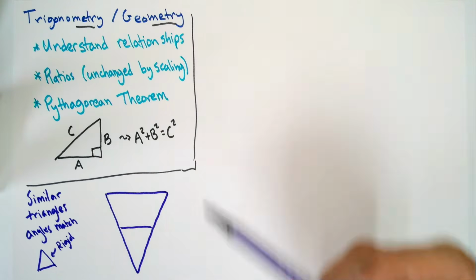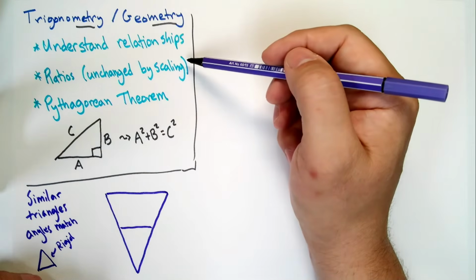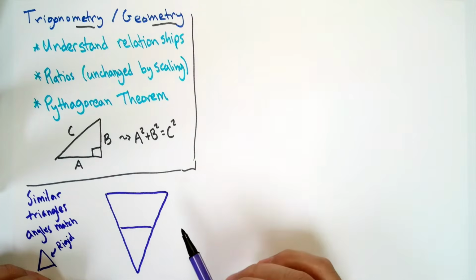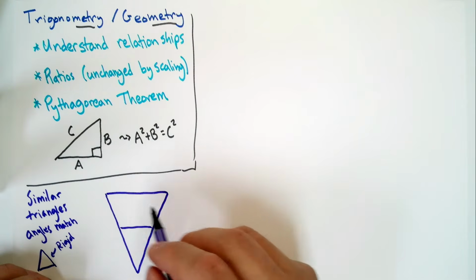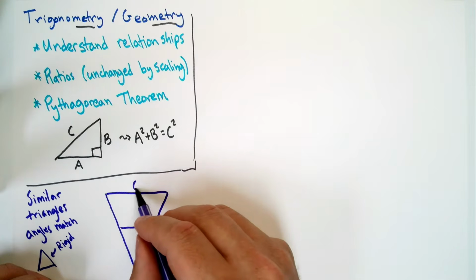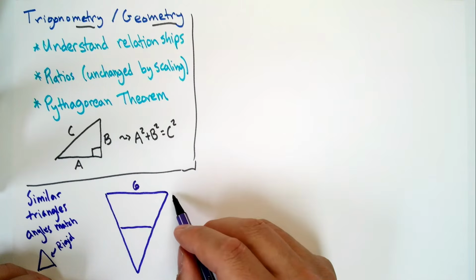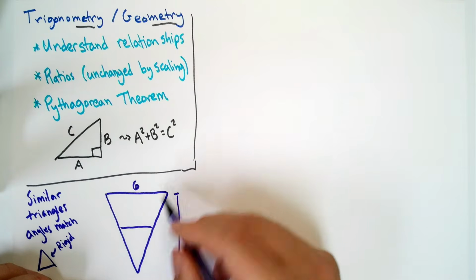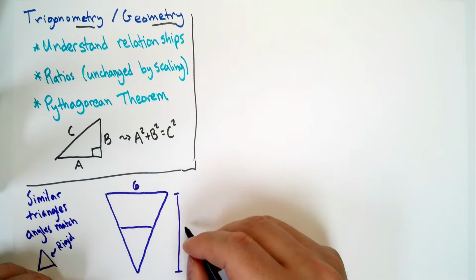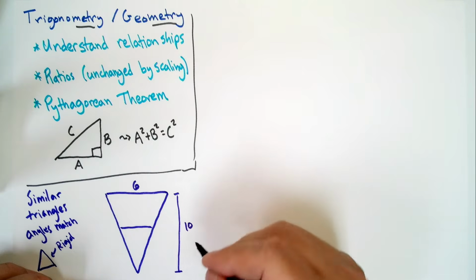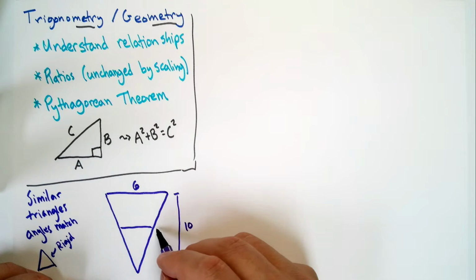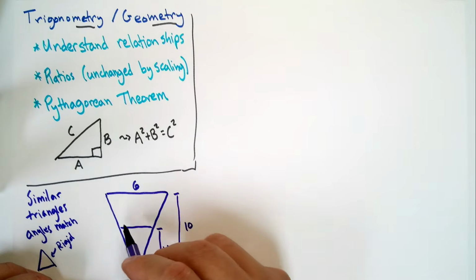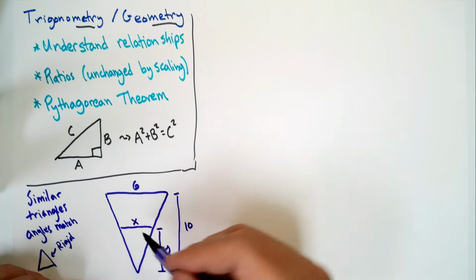So we can apply the fact that ratios are not changed by scaling to make some conclusions. For instance, suppose we know that the top here is, say, 6 units across, and maybe that the whole length from the top down to the tip at the bottom is 10. And suppose we know that this length here is y, and this length here is x.